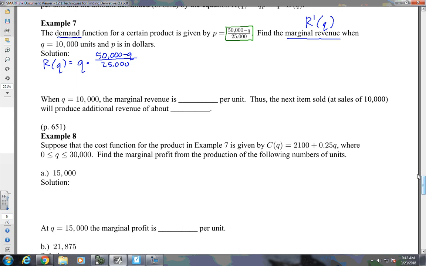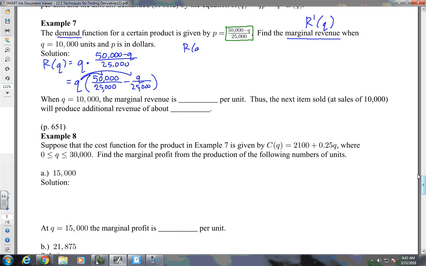Let's begin with that fraction. Let's divide each term in the numerator by that denominator. So we have 50,000 divided by 25,000 minus Q divided by 25,000. Then we can simplify and distribute this Q to each term and we'll have our revenue function.